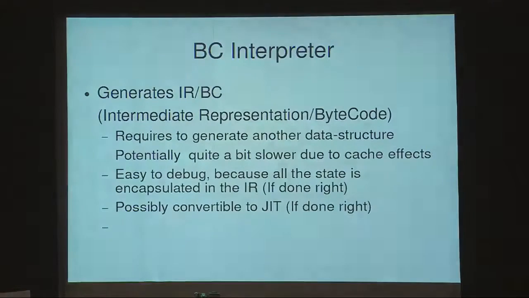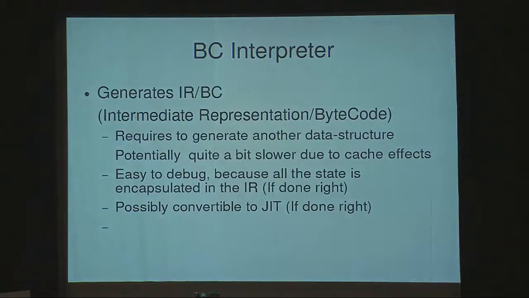How the bytecode actually looks, I should probably get to the point in the slides. So a bytecode interpreter requires you to generate another data structure, some kind of code you can execute, which could also be the final assembly you execute, which I will get to in the next slide.